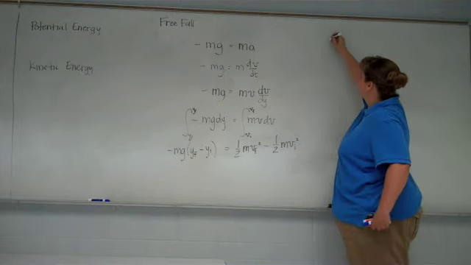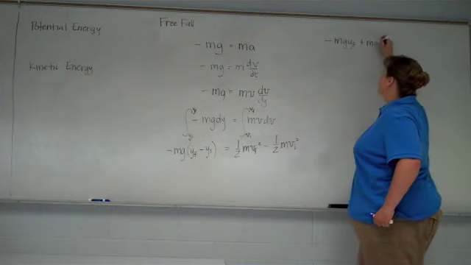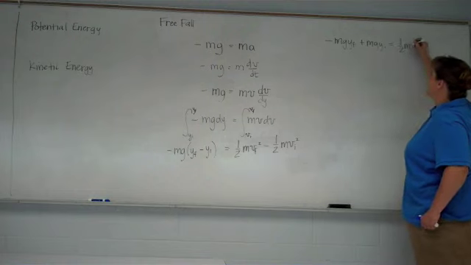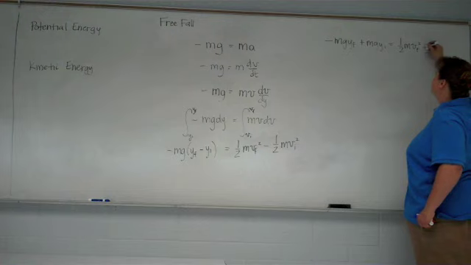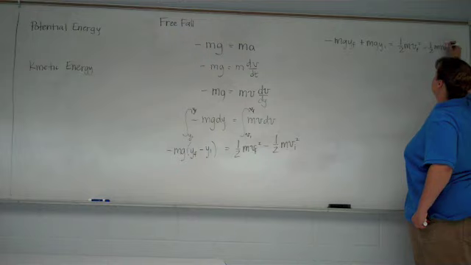So the left-hand side, minus mgy final plus mgy initial, is equal to 1/2 mv final squared minus 1/2 mv initial squared.